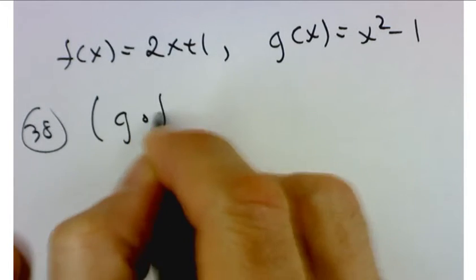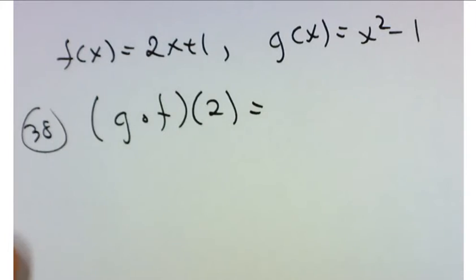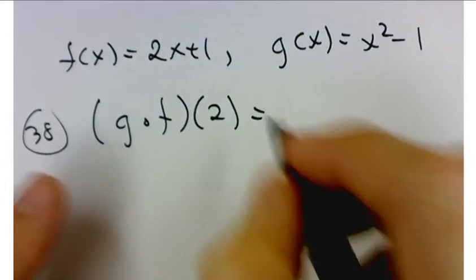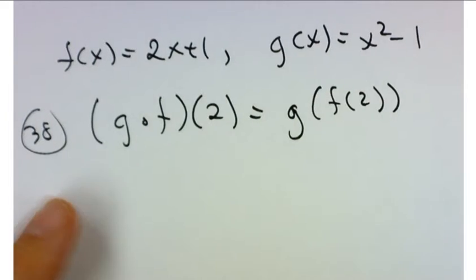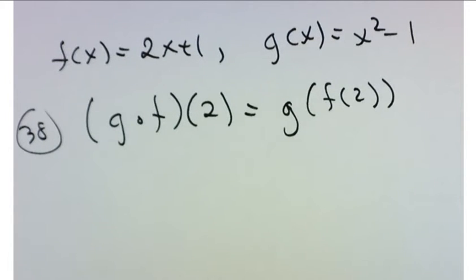G of f of 2. Now personally, when I see this notation, I get rid of it as fast as I can. I rewrite it as g of f of 2. Because this gives you a better idea of what we're going to start with. You're going to start with what's in the inside parentheses there.